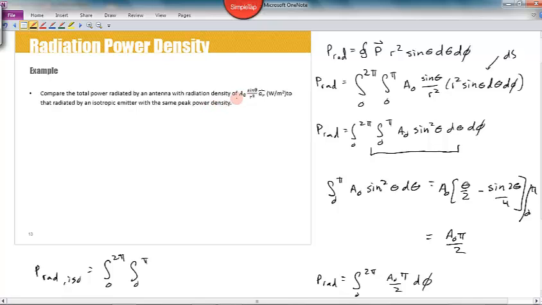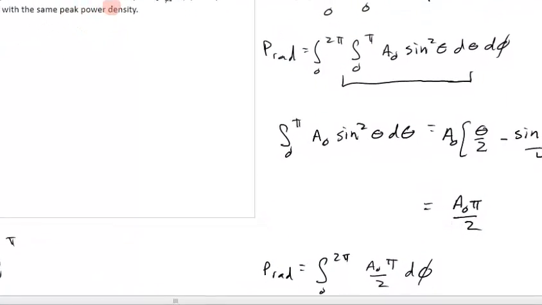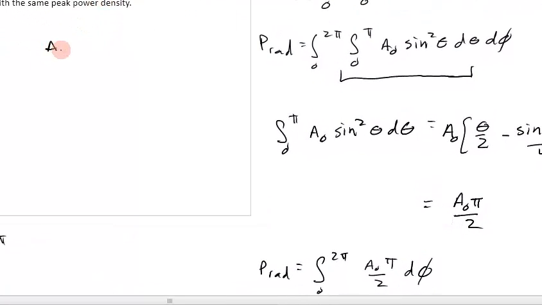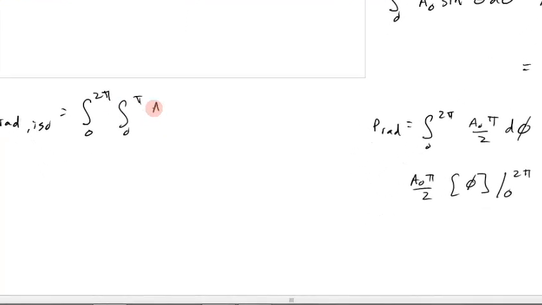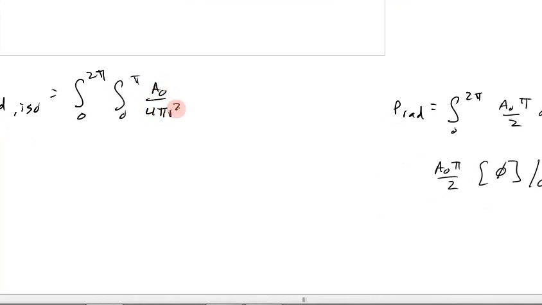An isotropic emitter emits that radiation equally in all directions, so its radiation density is going to have to be A0 divided by the surface area of a sphere, which is just 4 pi r squared. And then I need to multiply by r squared sine theta d phi. So A0 over 4 pi r squared, times r squared sine theta d phi. This is for the isotropic emitter.